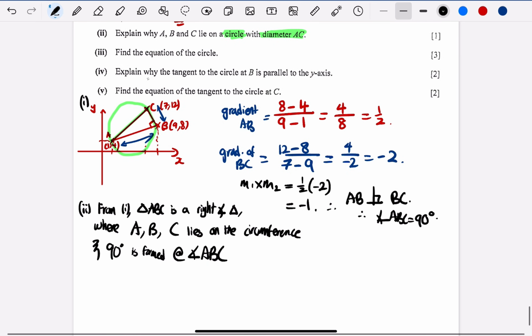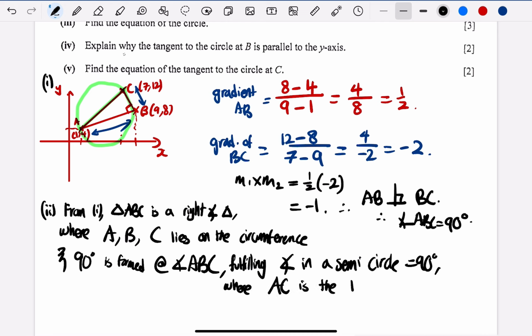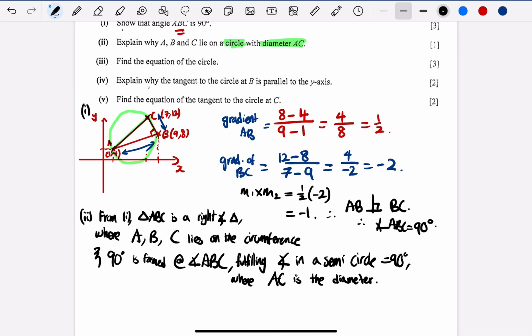And this fulfills the criteria of angles in a semicircle. Angle ABC equals 90 degrees where AC is the diameter. Okay, so that's how you explain for part 2.